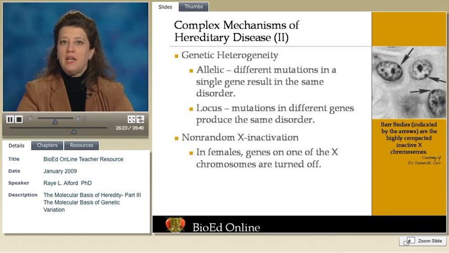In some cases, skewing of X inactivation is extreme and may be caused by variations in the survival of cells in which a particular X chromosome is inactivated. Skewing of X inactivation can, in rare cases, cause X-linked diseases to be expressed in females.